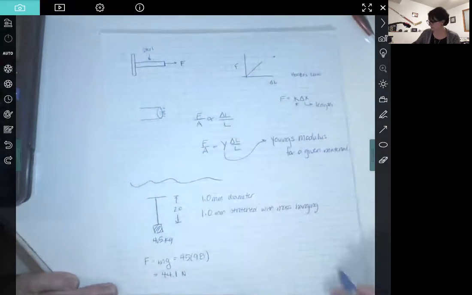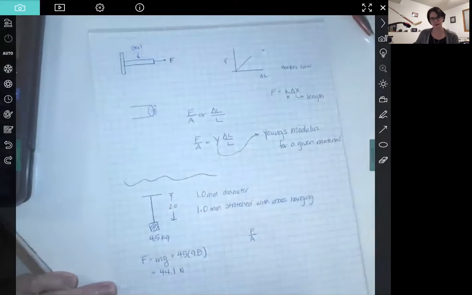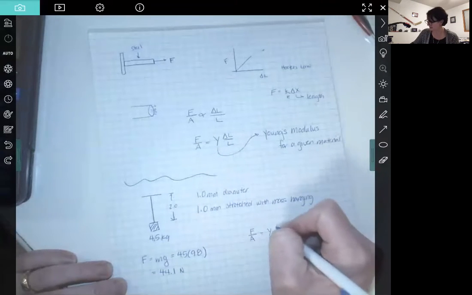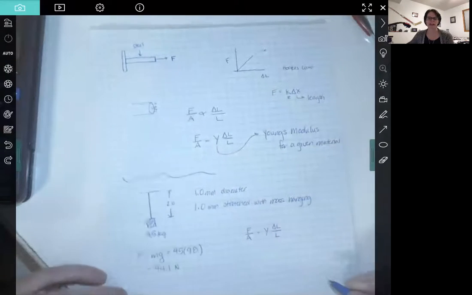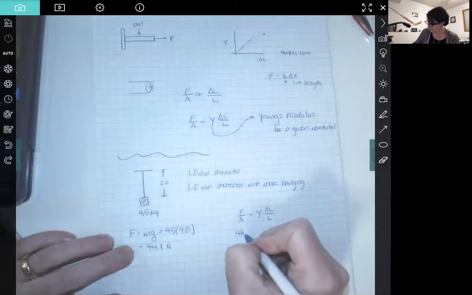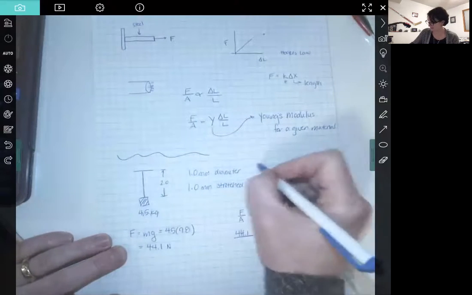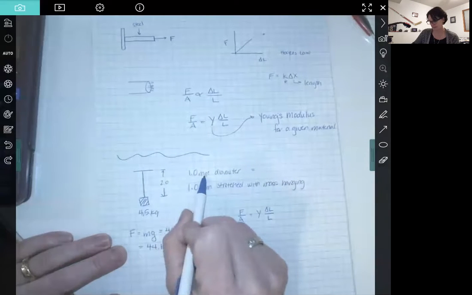All right, so we know that the force acting along that area, that's going to be the cross-sectional area of our wire, is equal to Young's modulus times the change in length as a proportion of the length of the wire. So we have 44.1 newtons. Our area, this is a diameter of 1.0 millimeters.